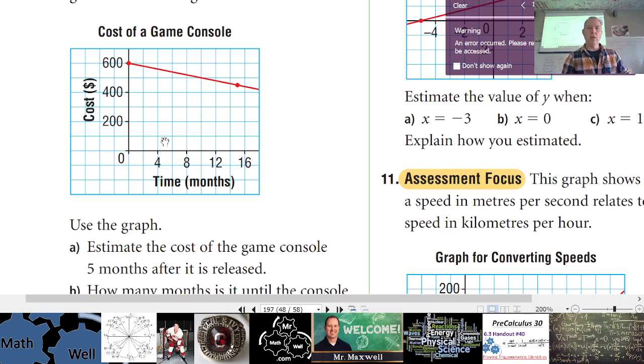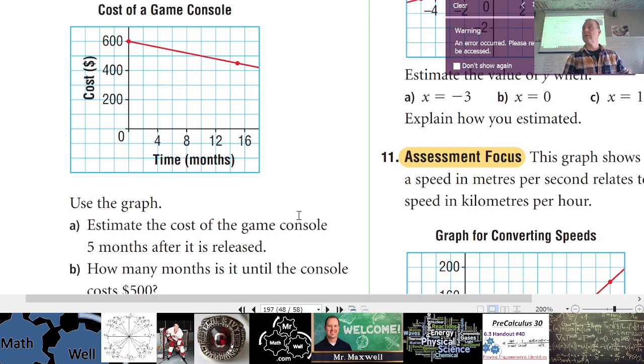So if you go all the way up, staying right in between those lines, you'll have to make your very best estimate as to what y value this is right here. So that looks to be about, what would you guess? Here's 500 and here's 550. I would guess about 550 is perfect, yeah. So about $550. Make sure you include your units, okay? Don't just say 550, $550.